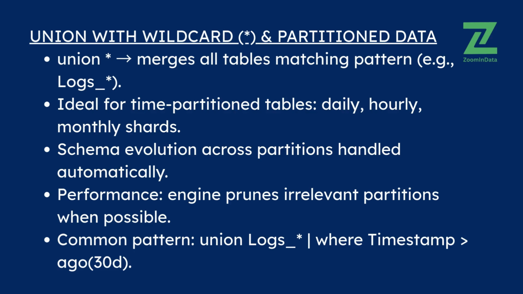New columns appear in newer partitions, old ones null in older ones. The engine prunes irrelevant partitions when filters allow, like timestamp greater than ago(30d). Common production pattern: union logs_*, where timestamp greater than ago(30d), summarize. Seamless merging of historical and recent data without manual table listing. This is append-only nirvana.